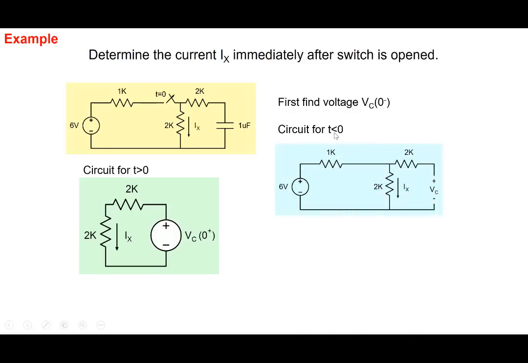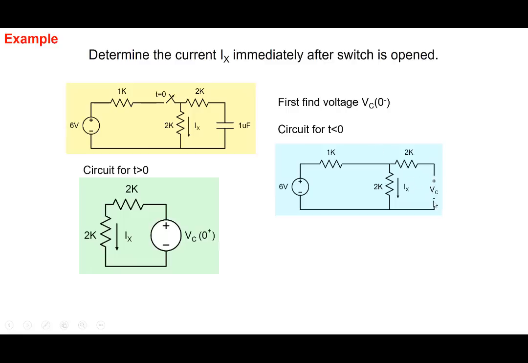So the circuit for t less than 0, before the switch is open, with the switch closed, is a circuit like this. And remember, the switch is closed for a long time, so the circuit has been in steady state, and in steady state the current through the capacitor is 0, so that's why we made it an open circuit here.